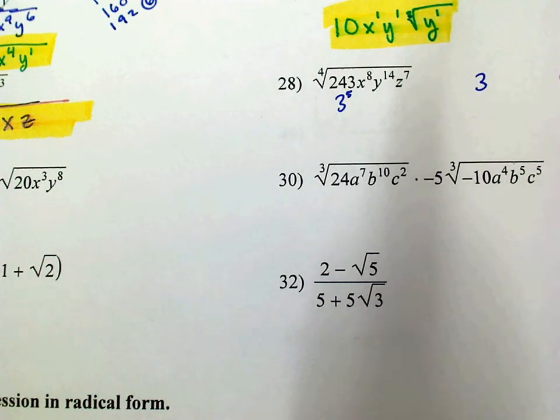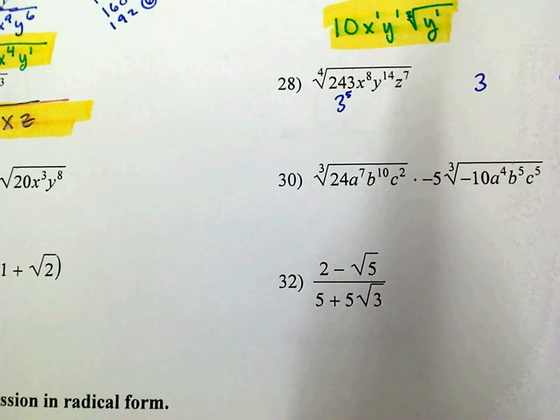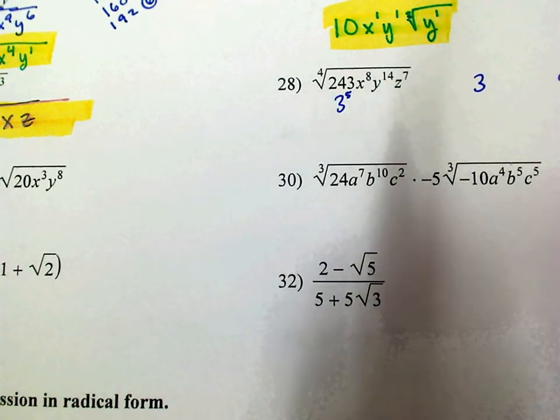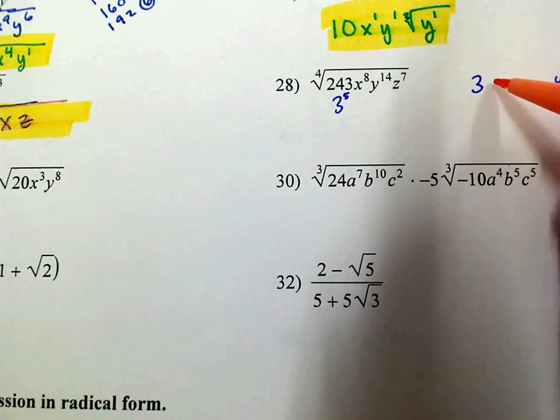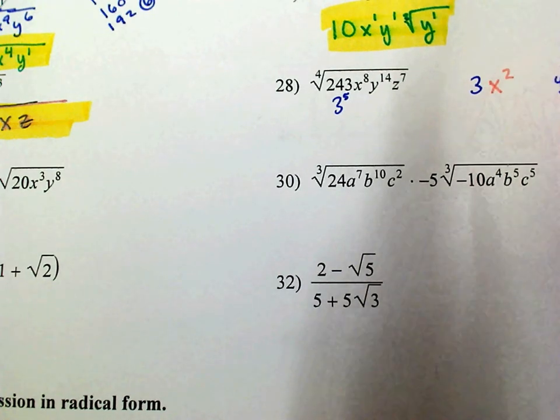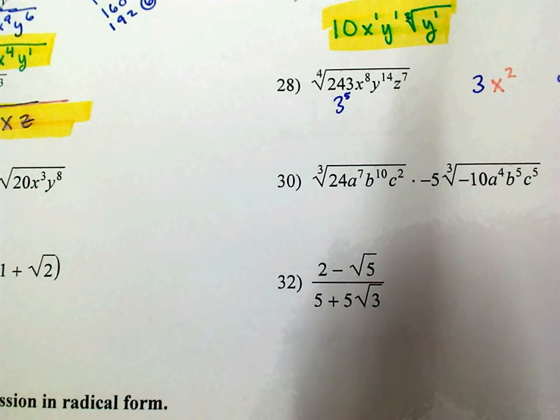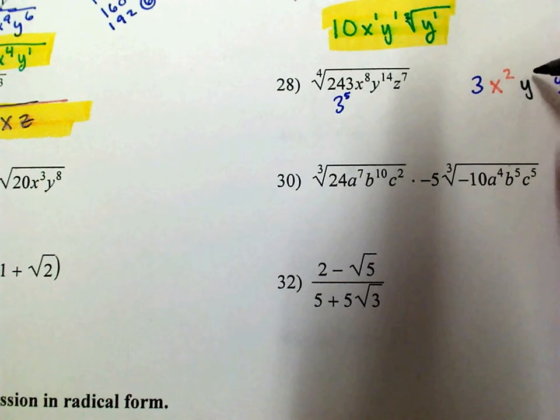Okay. So, how many times does 4 go into 8? With none left over. How many times does 4 go into 14? 3 times. That's 12 with 2 remaining.